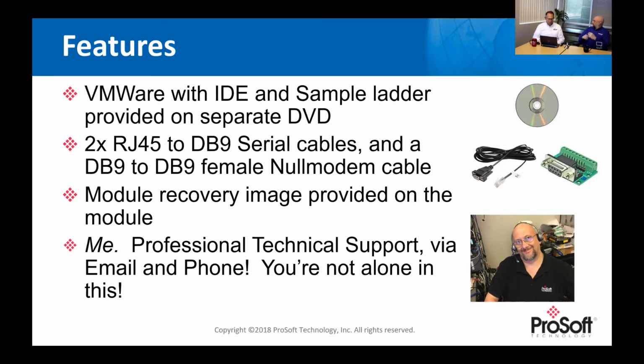So you can wire up your serial cable to any strange device out there that might use odd wiring or odd cabling. You have the ability to hook all that up, and that comes with the module. So you don't have to go hunt down special cables or spend much time building a custom cable. We give you all that right there in the box.